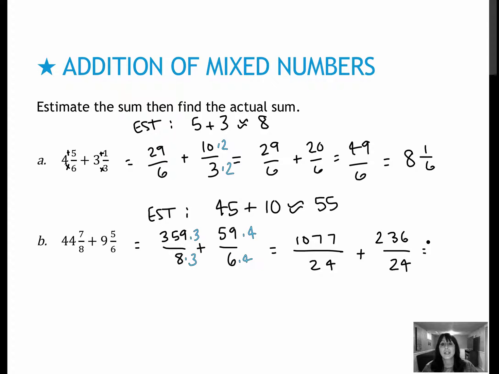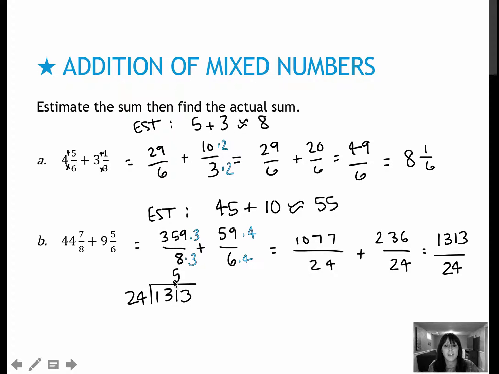Now that I have calculated my new fractions, 1077/24 plus 236/24, I'm going to add the two numerators together, and that gives me 1313/24. Again, I'm going to divide that by 24. So 1313 divided by 24 goes in 5 times.